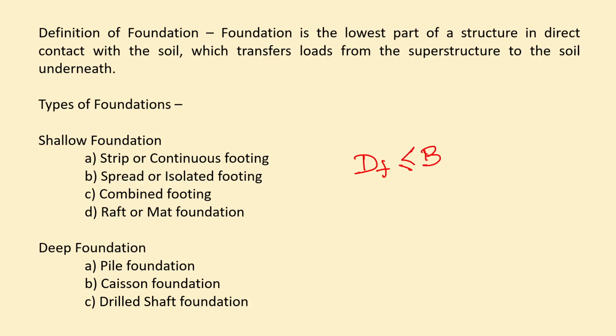While in case of deep foundation, the embedment depth is always greater than the breadth of the foundation. There are several types of shallow foundation like strip footing, spread footing, combined and raft. I will show you the pictures. And in case of deep foundation, there are pile foundation, caisson foundation, drilled shaft foundation, all these are there.